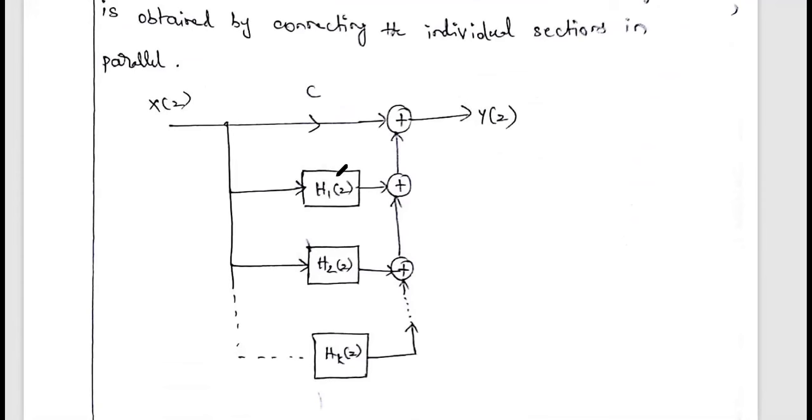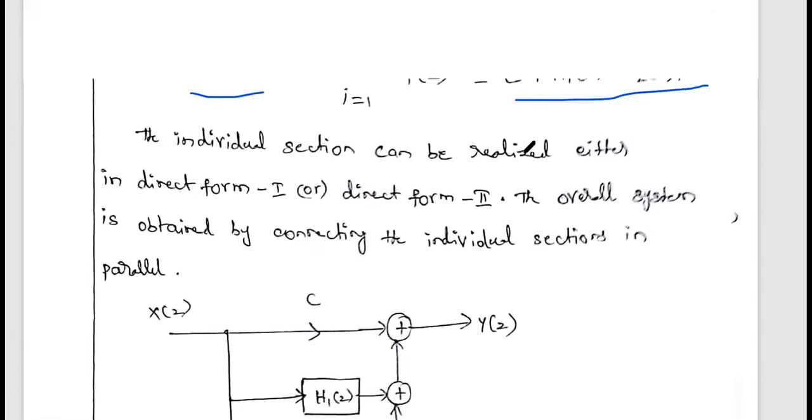H1 is the first order transfer function, this is the second transfer function, third transfer function, etc. Finally, all the direct form 2 diagrams we have to connect in parallel. What does parallel mean? For all systems, we give the common input X(z), and the outputs of all systems are added. That output is said to be the output Y(z). This is the parallel form.